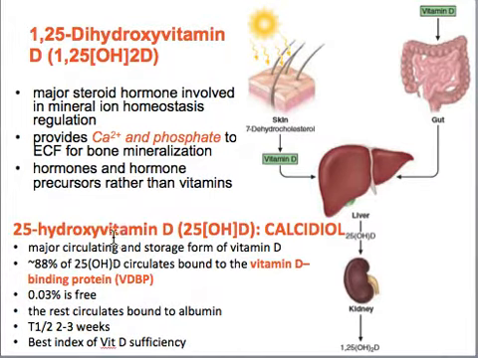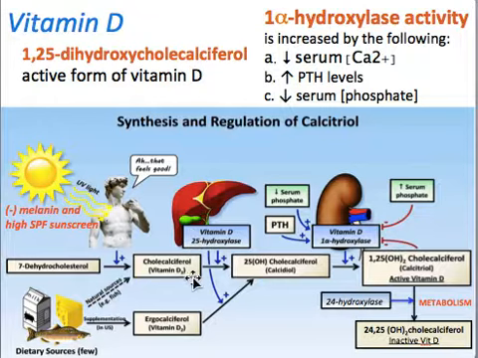Now your 25 hydroxyvitamin D, let's see if I have a slide for that. Let's say your 7-dehydrocholesterol is activated by sunlight, it becomes cholecalciferol, or if you take it from food, it becomes ergocalciferol.